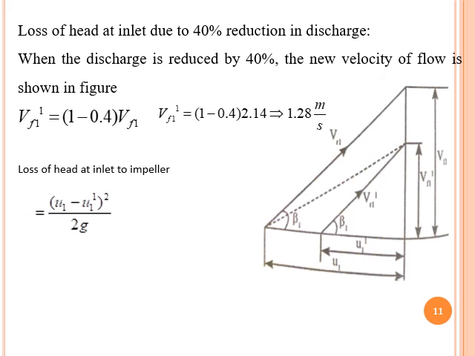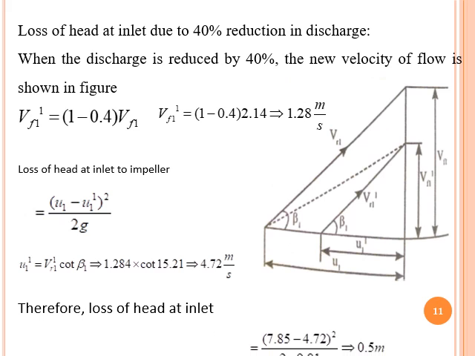After substituting the values, u1 dash is equal to Vr1 dash cot beta 1, which is equal to Vf1 cot beta 1, where the value of Vf1 is 1.284 and the cot beta 1 angle is 15.21. For that reason u1 dash is equal to 4.72 meter per second.